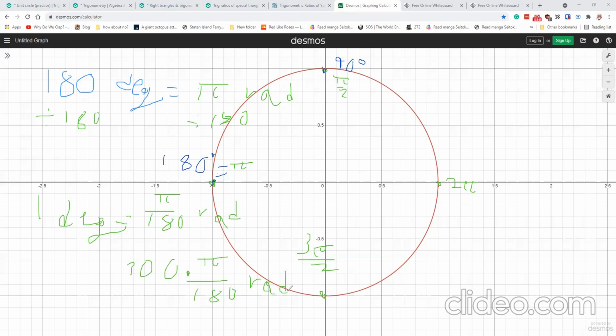And so if we think about this for a second, 300 over 180 is equal to 30 over 18, and that is equal to 15 over 9. And 15 over 9 is equal to 5 over 3, and therefore 300 degrees is equal to 5 pi over 3 radians.